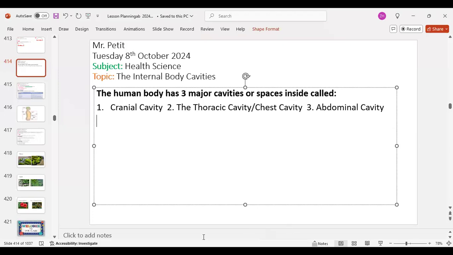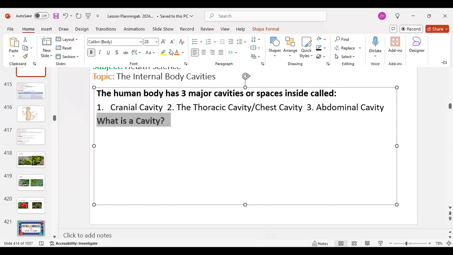First, let's define what we mean by a cavity. So what is a cavity? We're not talking about a cavity in the teeth, we're talking about the body cavity.